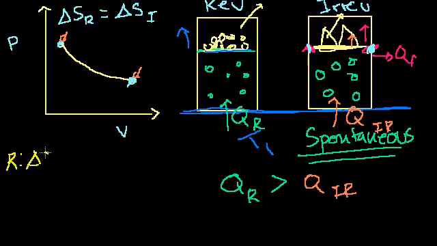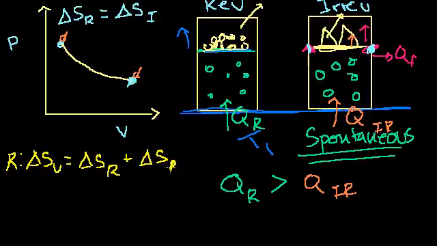So the change in entropy of the universe is equal to the change in entropy of our reversible process plus the change in entropy of, well, I already used R for reversible, so let's call it our environment, right? In the reversible process, the change in entropy of our system is the heat added, Q sub R, over T1, and we can use this definition because it is a reversible process.